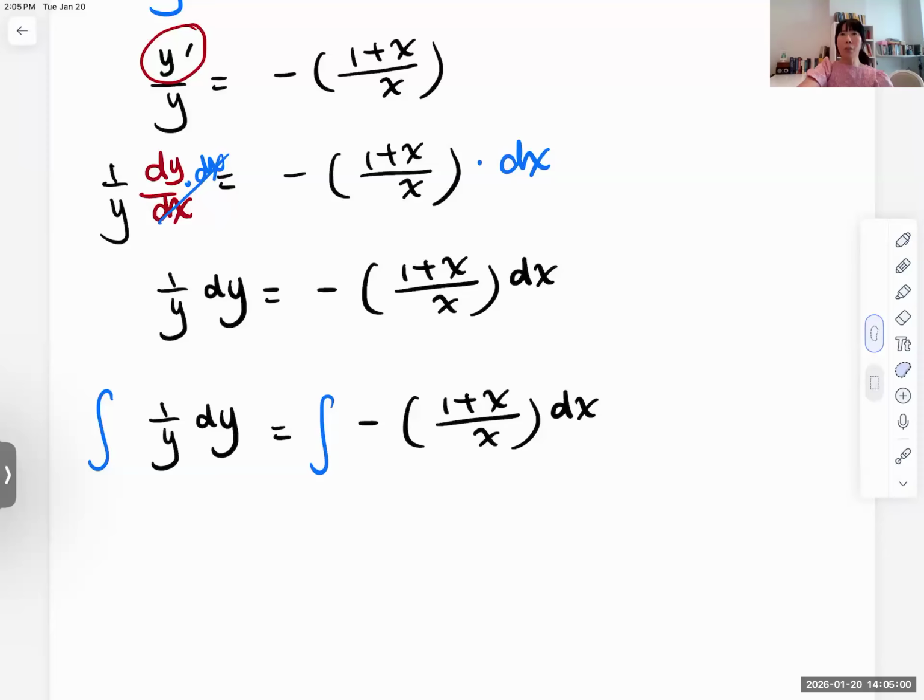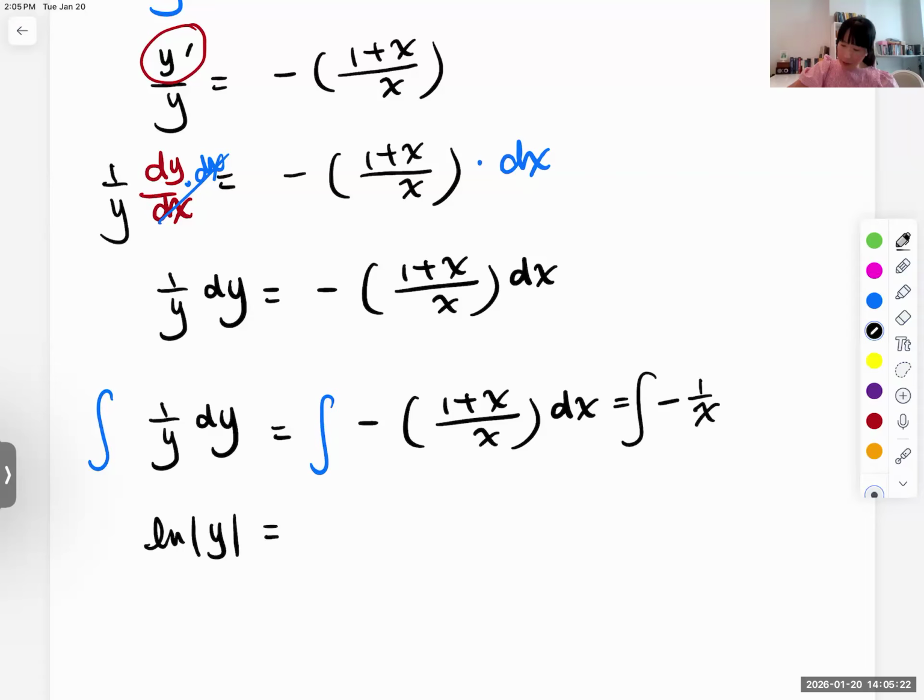Okay, on the left side, we've been doing this, right? So natural log, absolute value of y, equals, on the right side we have a negative. Simplify with the negative: the first term will be 1 over x and negative, negative, negative, also negative, right? So that will be 1 dx, yeah?